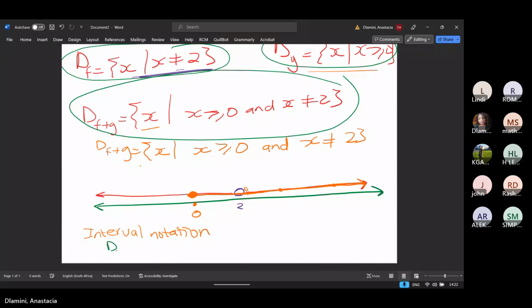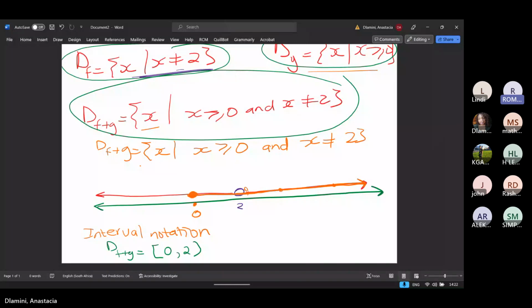Ma'am, can I give it a try? Yes, please. Square bracket 0, then 2 and a bracket. What bracket? The square or the second? Circle bracket. Why? Because that's where they intersect.